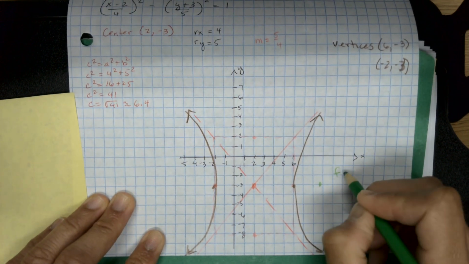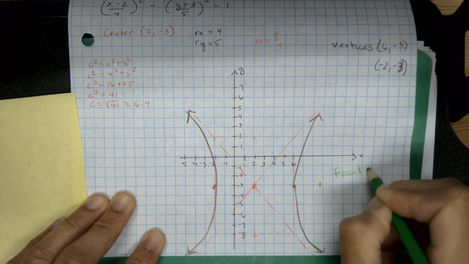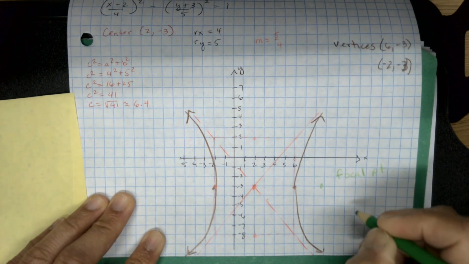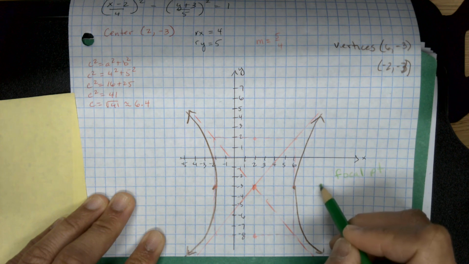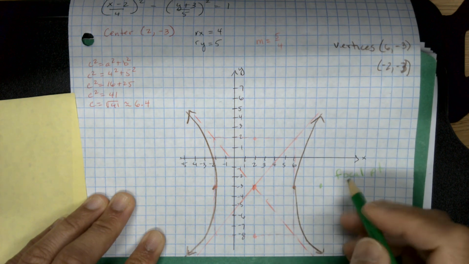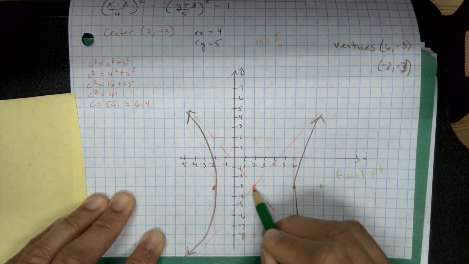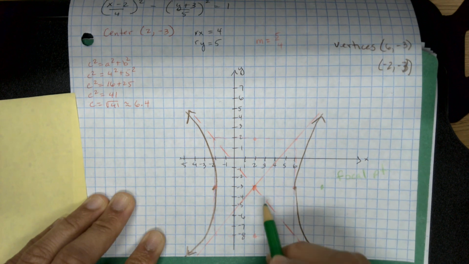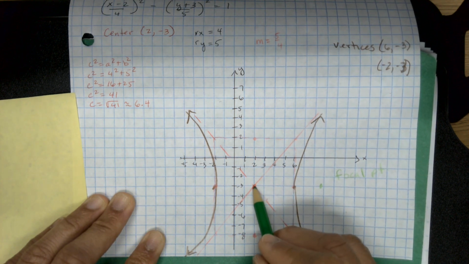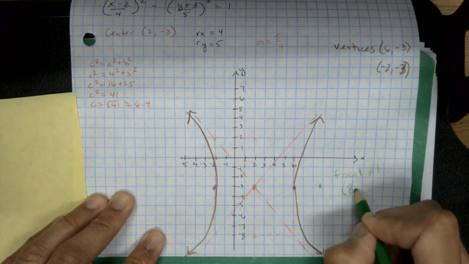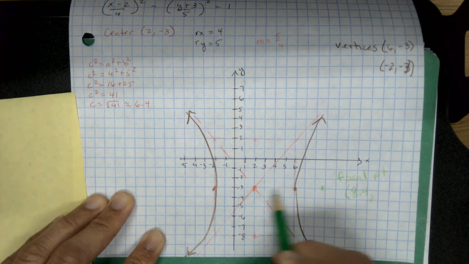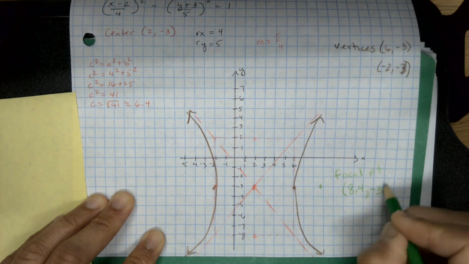So the focal point, from here, we add 6.4. So 2 plus 6.4, this is 8.4, comma, negative 3.